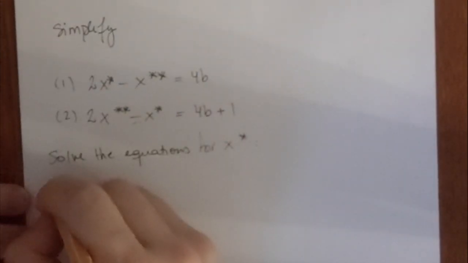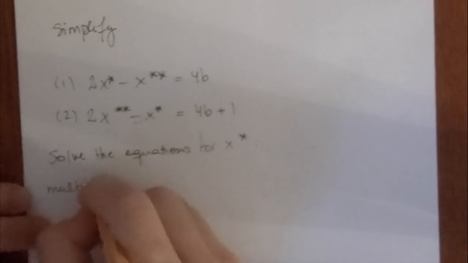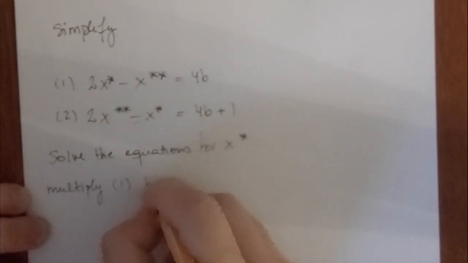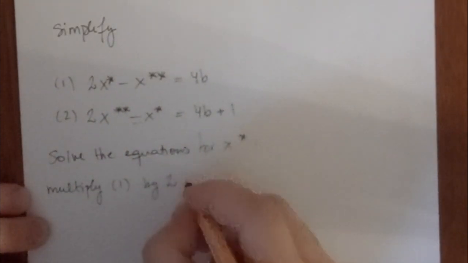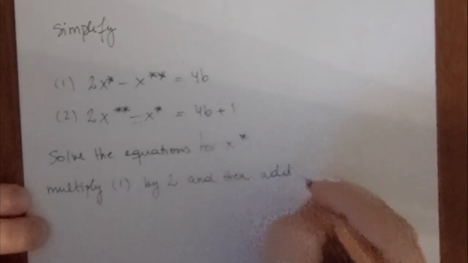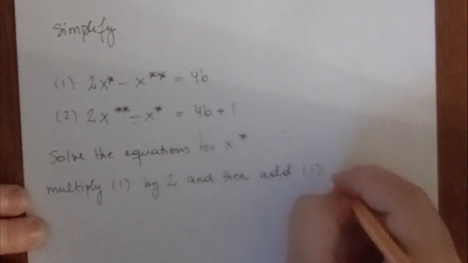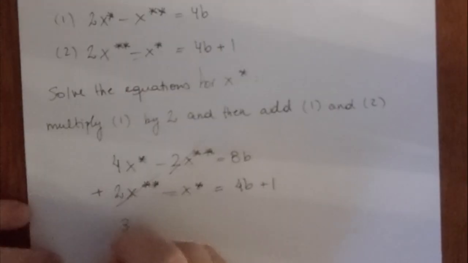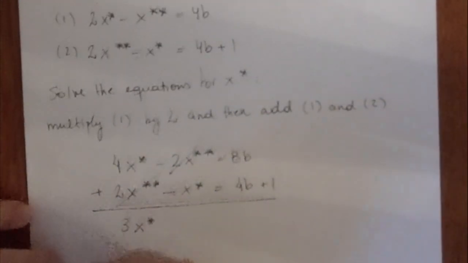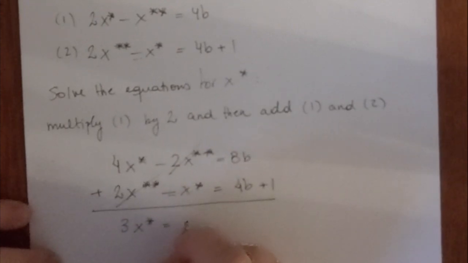So the first thing we have to do is multiply equation 1 by 2 and then add 1 and 2. 3X star is equal to 12B plus 1.